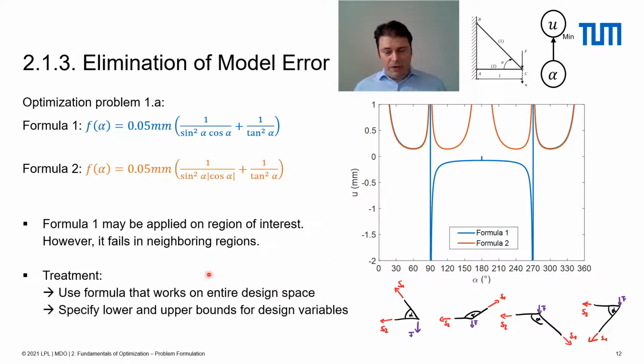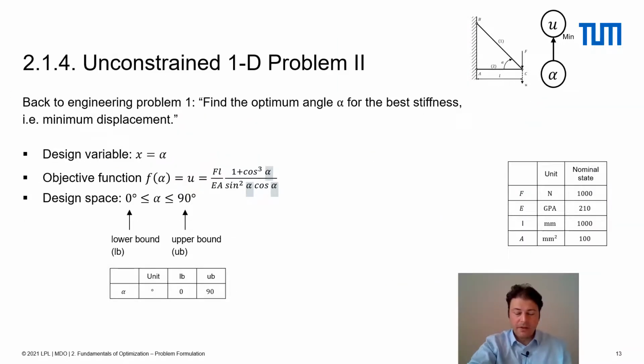And that's actually what we're going to do. But as I said, I strongly recommend to make sure that you understand your objective function entirely. So the way we'll proceed is we specify lower and upper bounds for the design variable, which is 0 and 90 degrees, and move on.